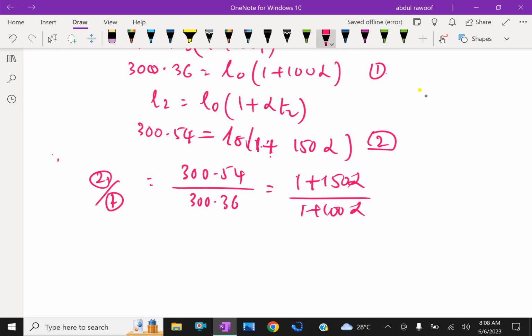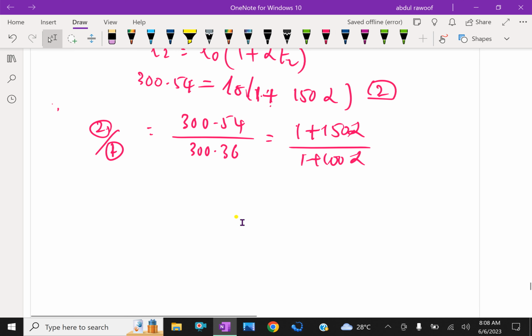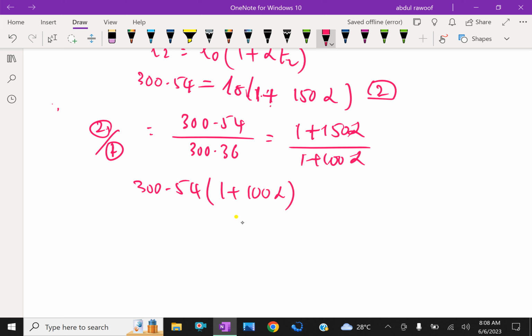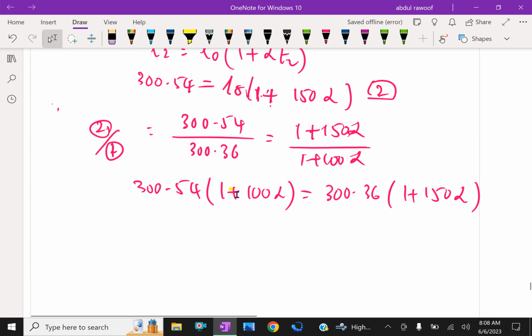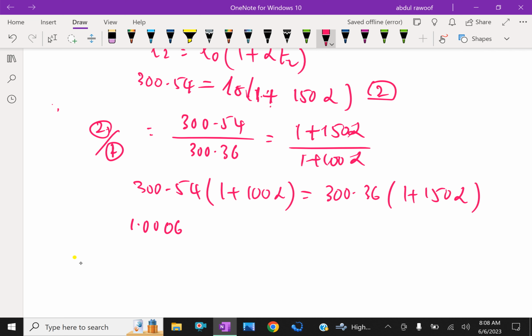So we rearrange this: 300.54 into 1 plus 100 alpha equals 300.36 into 1 plus 150 alpha. Here the division of 300.54 over 300.36 equals 1.0006.